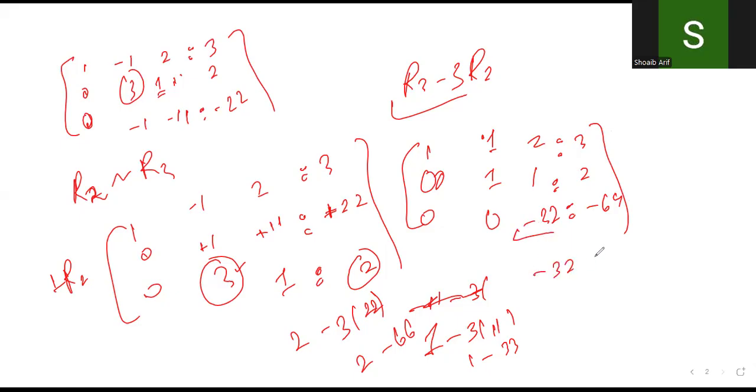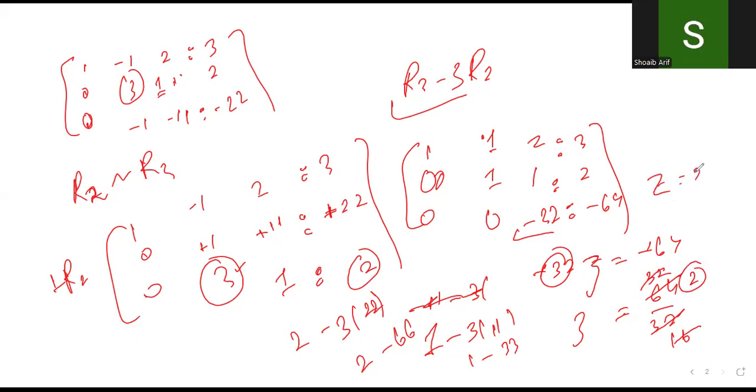So minus 32z is equal to minus 64. So minus minus cancel, and 32 is multiplied here and divided here. So 64 divided by 32, we get z is equal to 2.